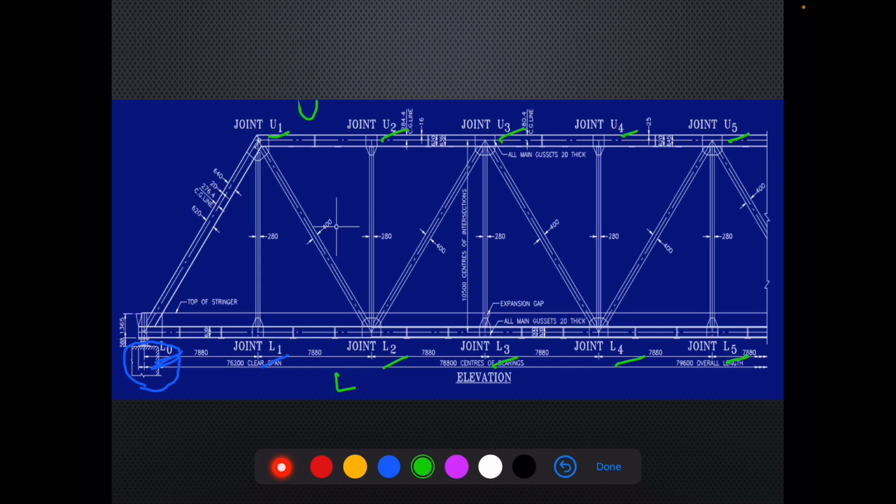So we can easily understand that this bottom chord is fabricated and designed in parts.